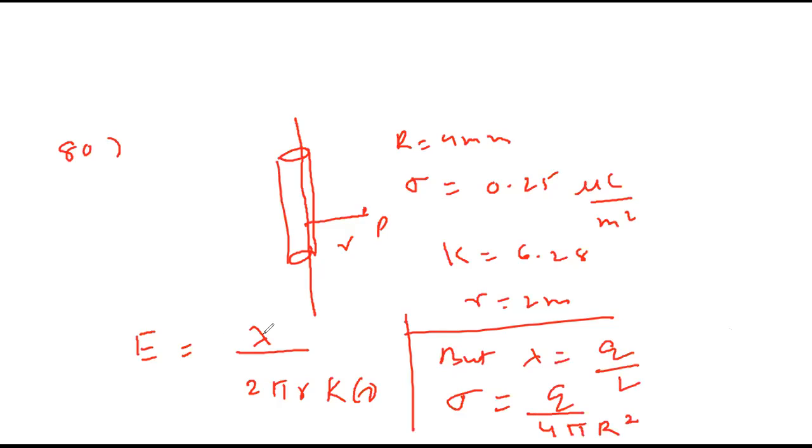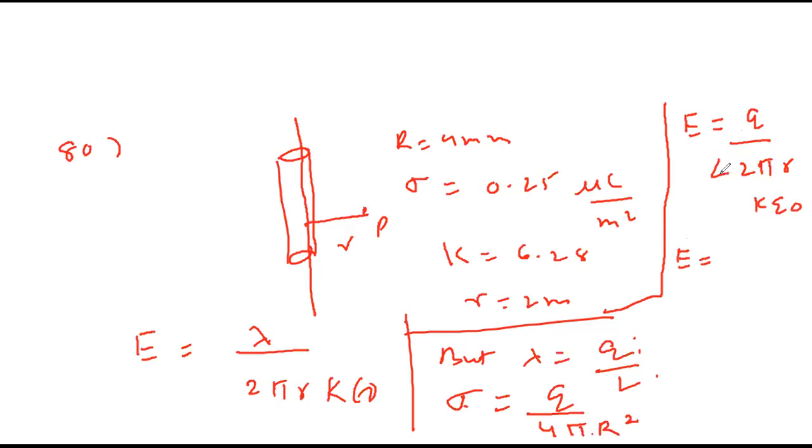So we want to find what is lambda. Lambda is charge per unit length. So this becomes E equals to lambda, charge per unit length, upon 2 pi R K epsilon naught.